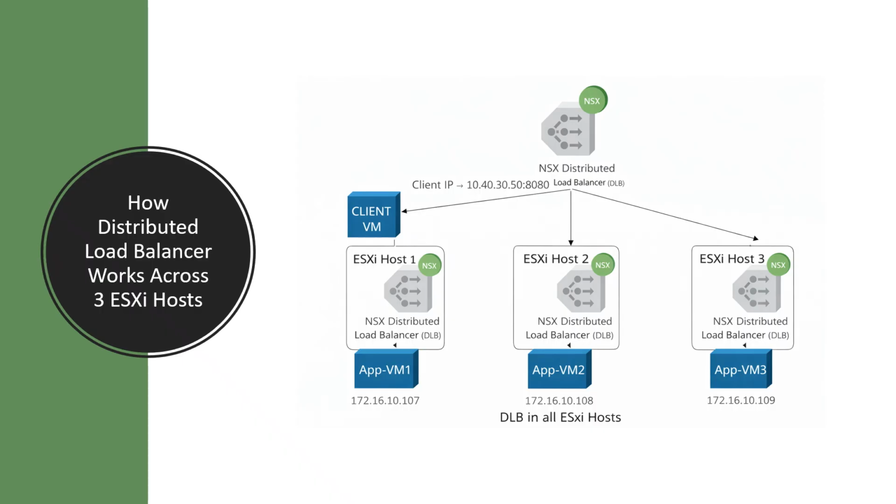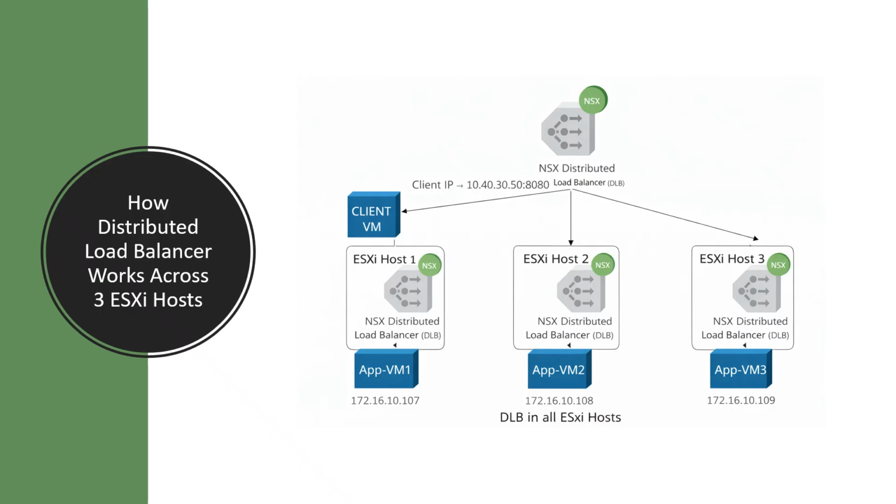This client VM is running on one ESXi host, as it will be in a cluster. At a time, the client will be running on only one ESXi host, not on all ESXi hosts. This point is very important, because the ESXi host where the client VM is running becomes the decision-making point for that traffic.